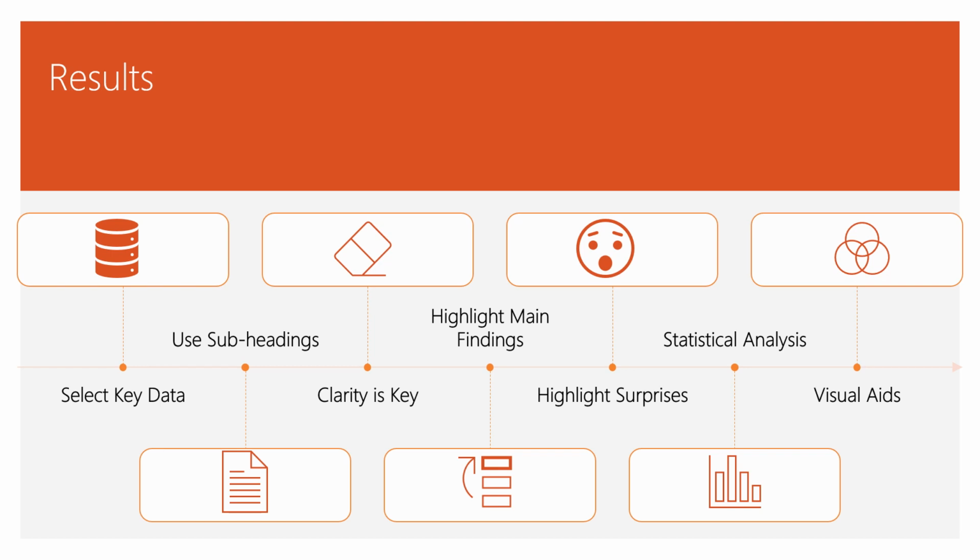Then you highlight the main findings in your results section. And if you find any contrasting or surprising result, then you also quote that surprising result.